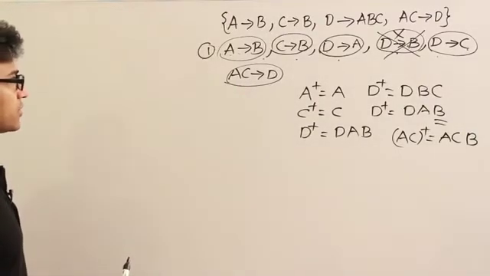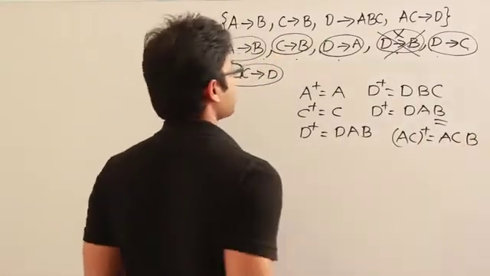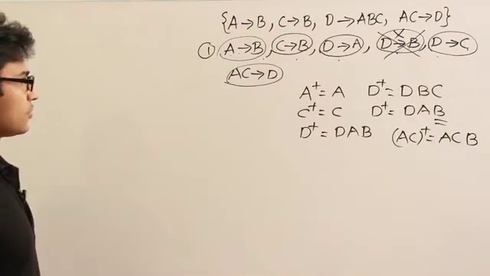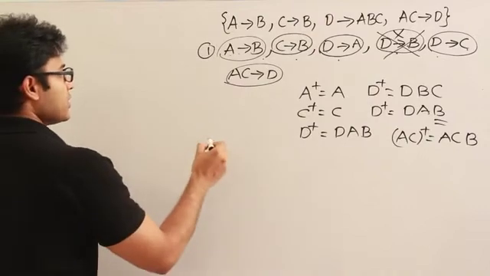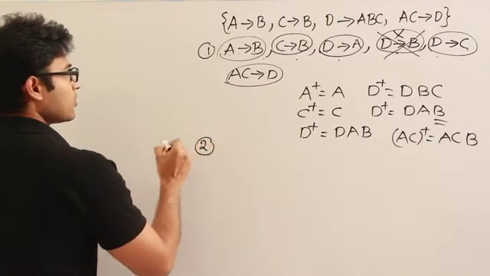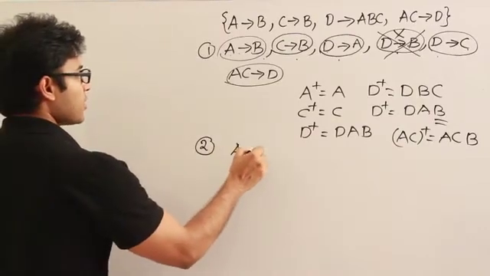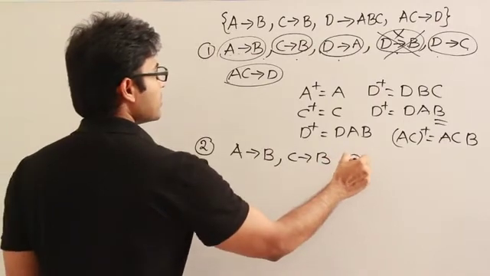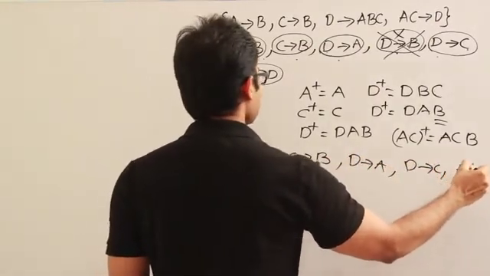Using C I can get B also. So AC cannot determine D, therefore it is also required. So it turned out that in step 2, only one production dropped out and we need all the remaining. So what are they? A determines B, C determines B, D determines A, D determines C, and AC determines D, right?